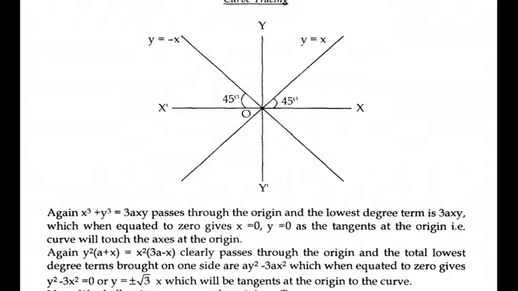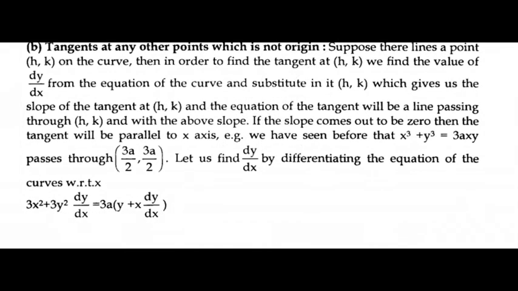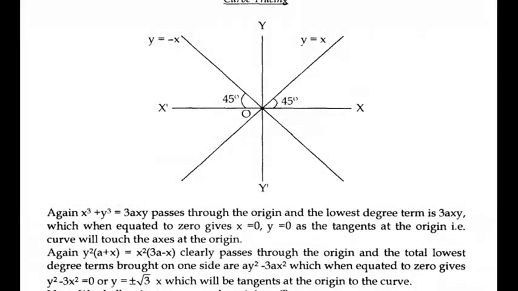So if you equate this to 0, we get y square minus 3x square is equal to 0. That implies y is equal to plus or minus root 3 x. These will be the tangents to this curve at the origin. So here these are all the examples to find the tangents at the origin.